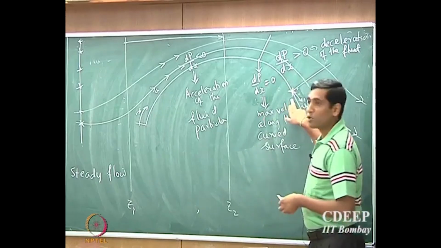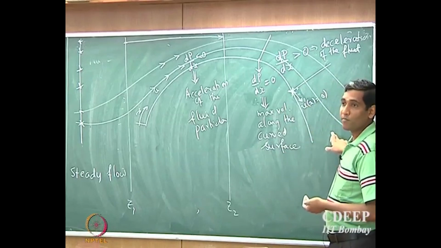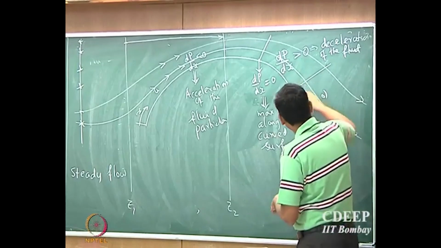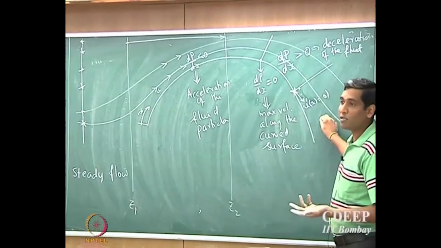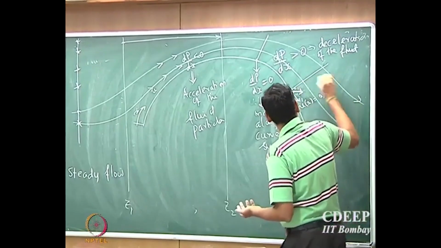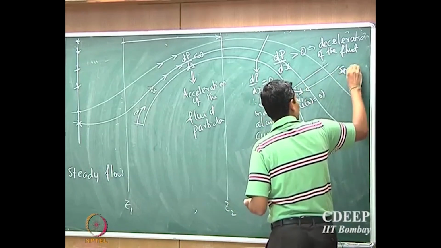Now what happens when it comes to rest? It's not able to move further. When the velocity is 0, it separates out from the cylinder. So this point is called the separation point.